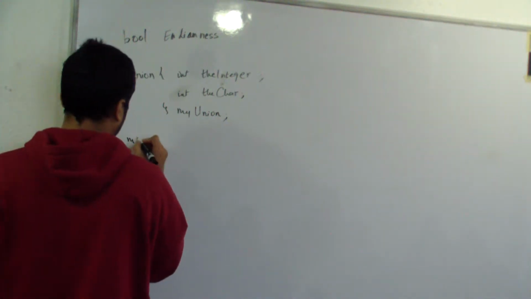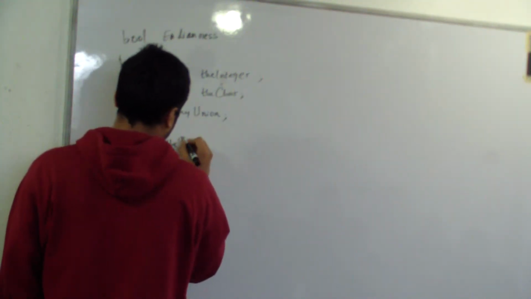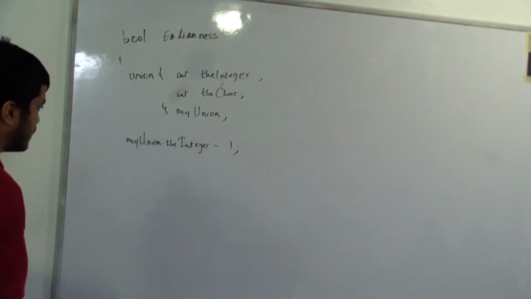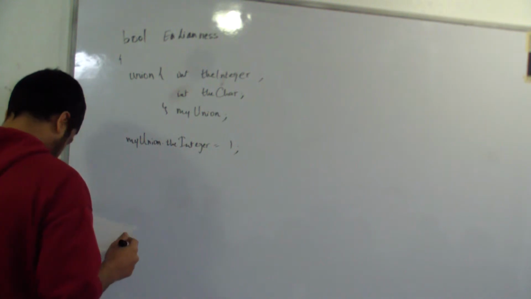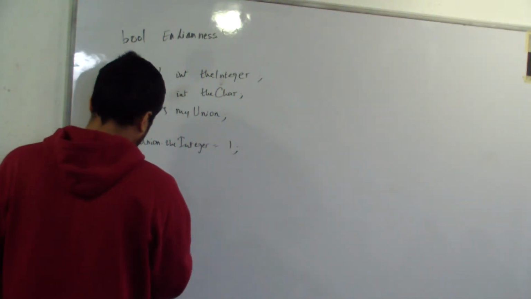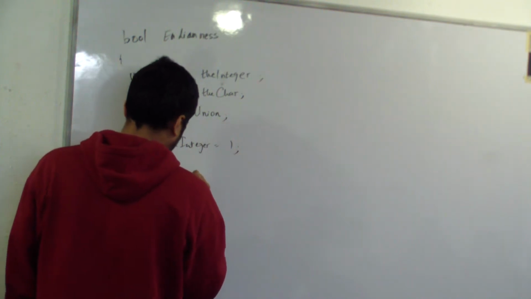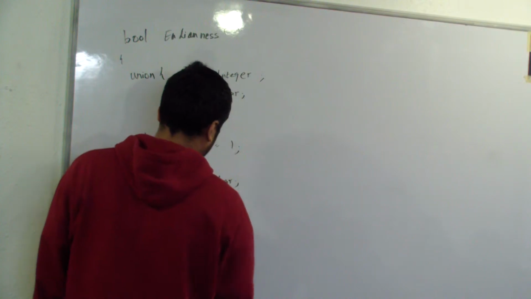So what is it doing? My union dot integer equal to 1. So you are assigning the integer as 1, and then you will return my union dot the character.